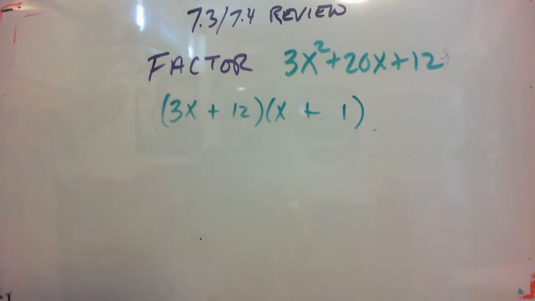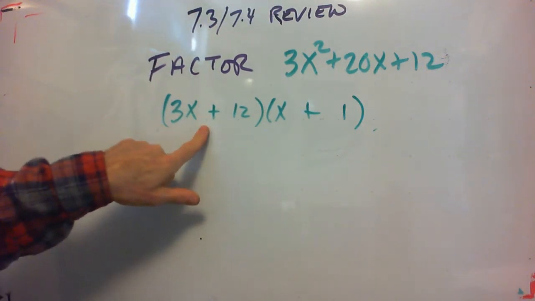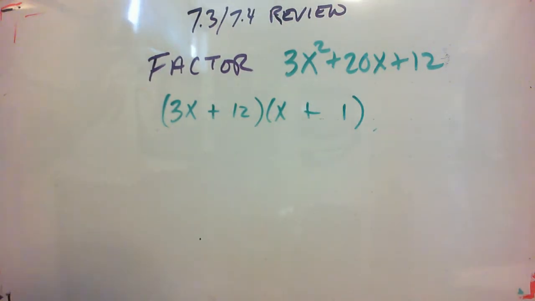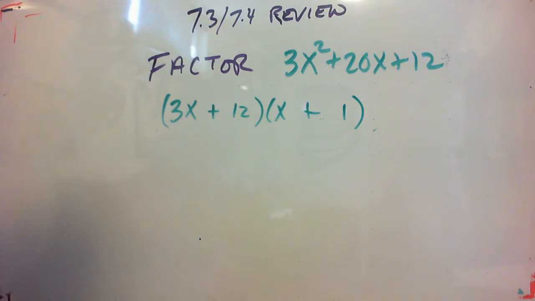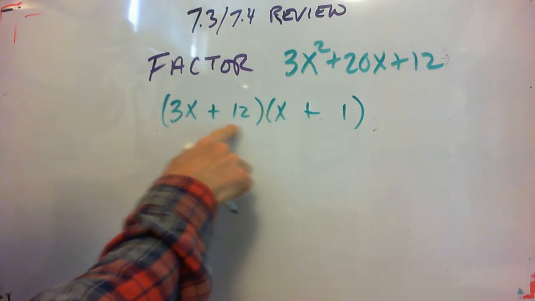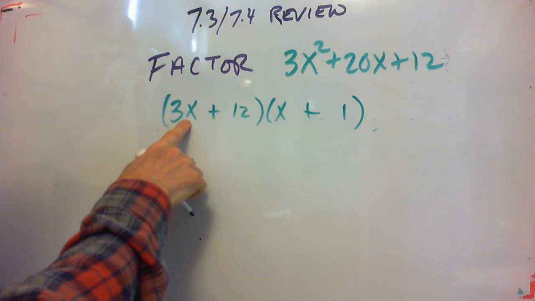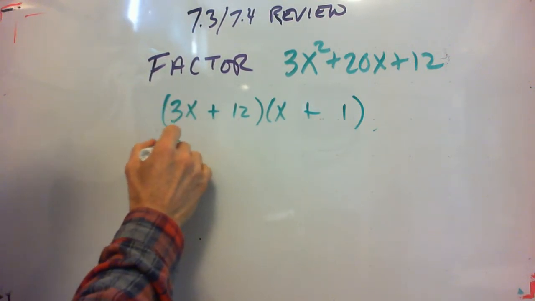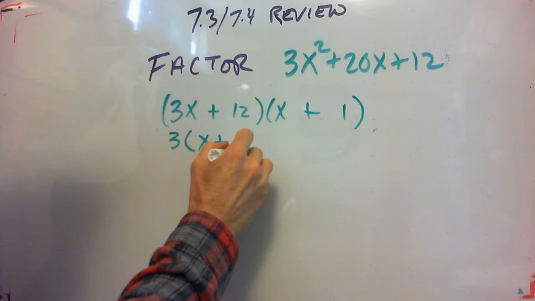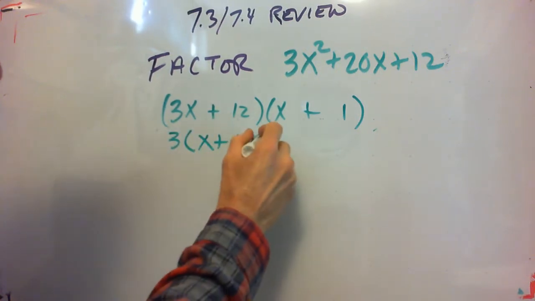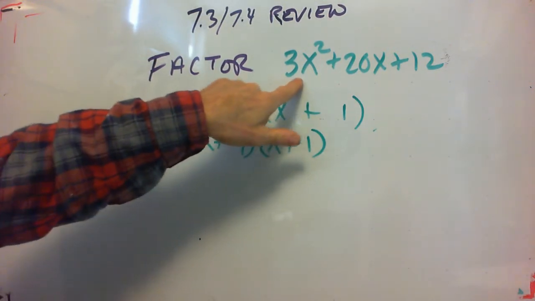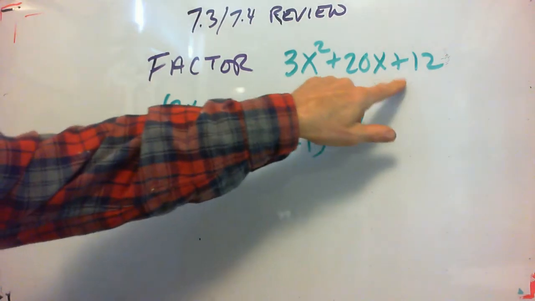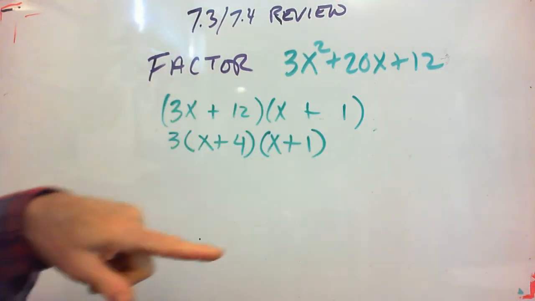Okay, before we get too far with this, I'm going to look at the possibility 3x plus 12 times x plus 1. Now, if this possibility worked, we notice that this first factor has a greatest common factor of 3. We could actually factor that first factor as 3 times x plus 4, and then times x plus 1. But here's the thing. Our original trinomial does not contain a common factor of 3.